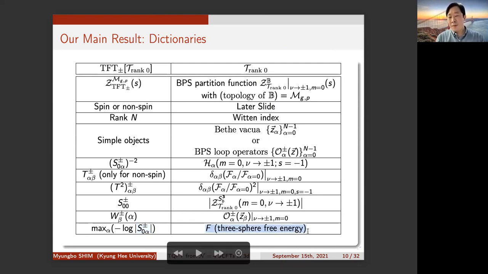Here, it is not defined in the degenerate limit. Interestingly, from this dictionary we can obtain the free energy on the three-sphere, which is a genuine measure of degrees of freedom, monotonically decreasing along the RG flow. So let me explain this dictionary first.